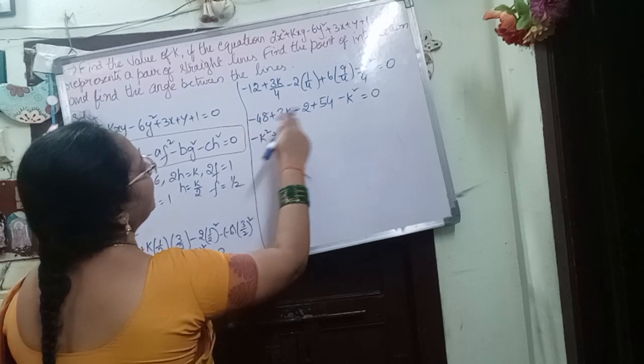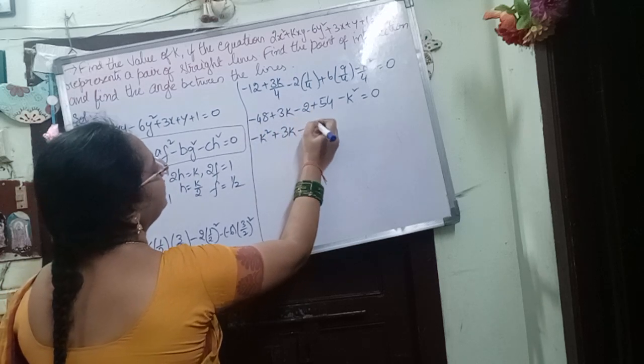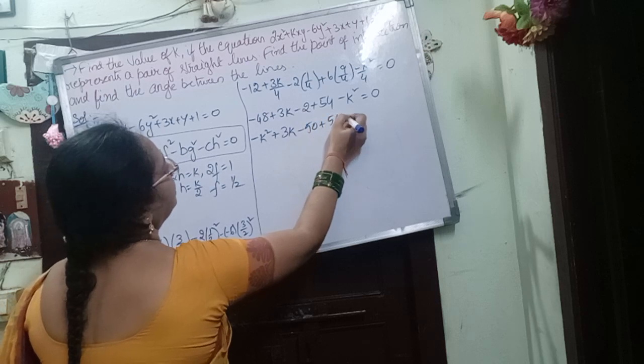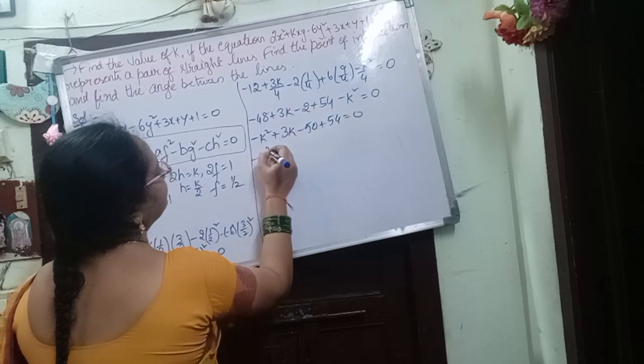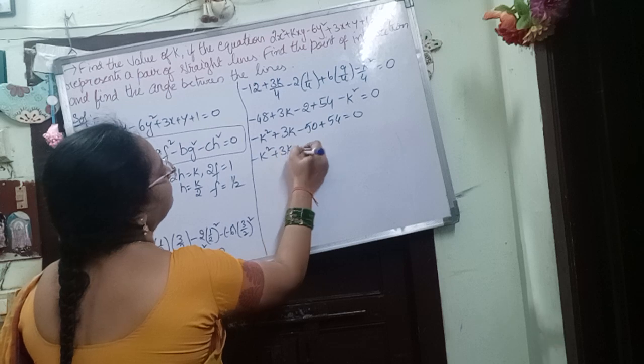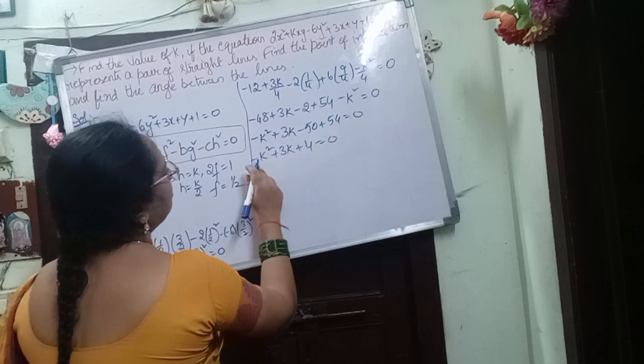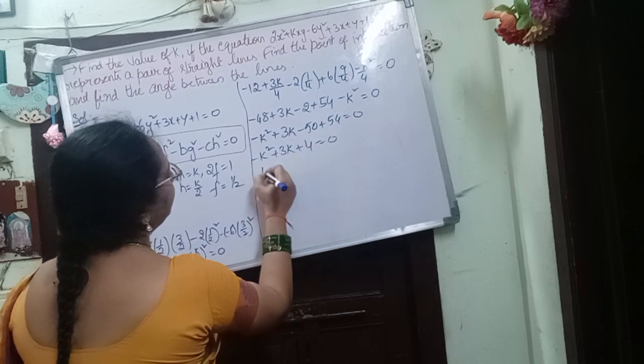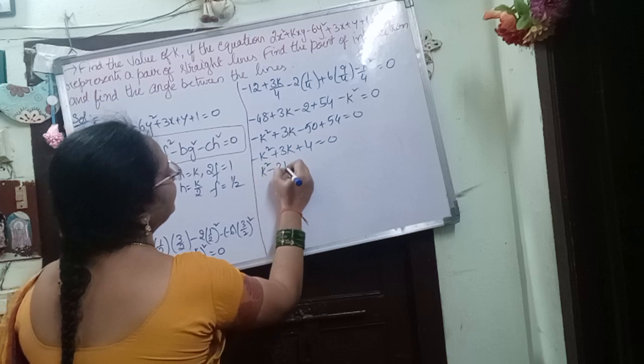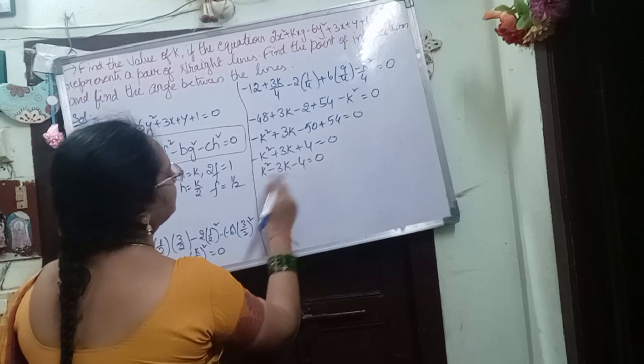This is minus 48 minus 2, that is minus 50 plus 54 equals to 0. Minus k square plus 3k plus 4 equals to 0. Now take minus common. There you will get k square minus 3k minus 4 equals to 0.